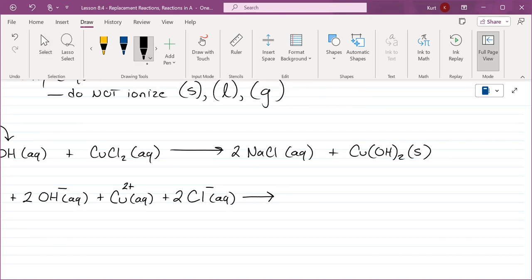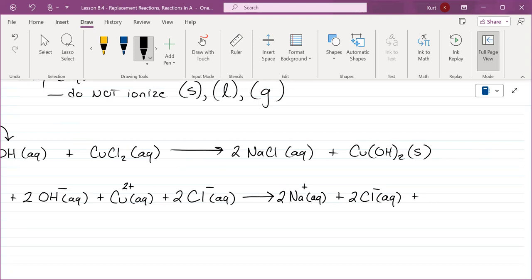How many sodiums are there when you have 2 molecules or 2 compounds of sodium chloride? There are 2. What is the charge of sodium? +1. It stays aqueous. How many chlorides are there? 2. What's the charge of chloride? -1. There you go.